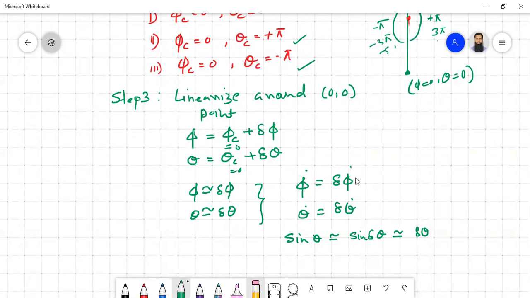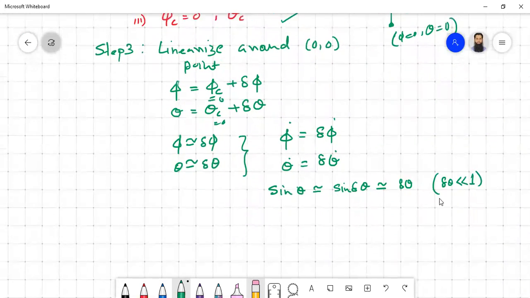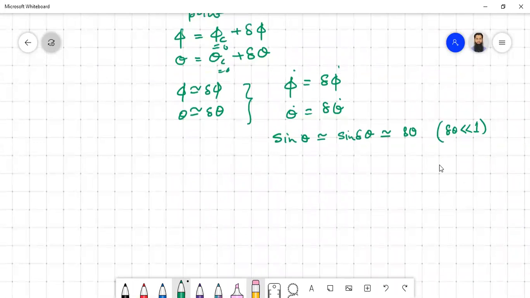You can give the condition that del theta is very negligible, so a very small perturbation. Here you can also verify that using the Taylor series expansion of sine x, which gives approximately x minus x cubed by 3 factorial plus it goes on. We are just taking only the first component, which is linear, and that is why sine del theta equal to del theta.